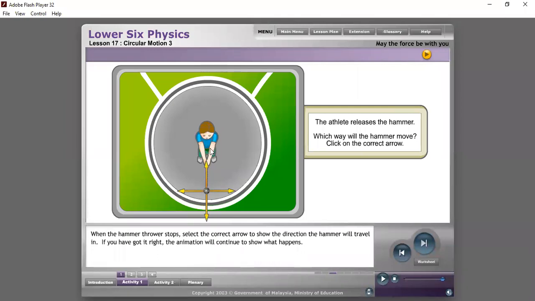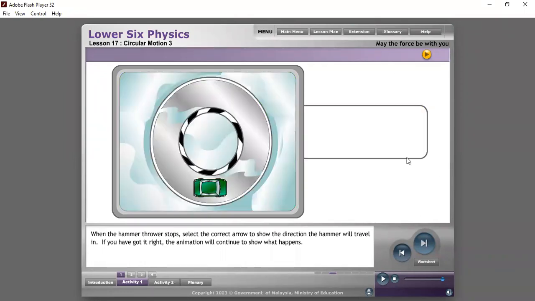Okay, so that means just now the athlete is turning in a clockwise direction, right? So once it's released here, it will move in this direction. No, that means that it will move in this direction. Click next to move to the next scene.